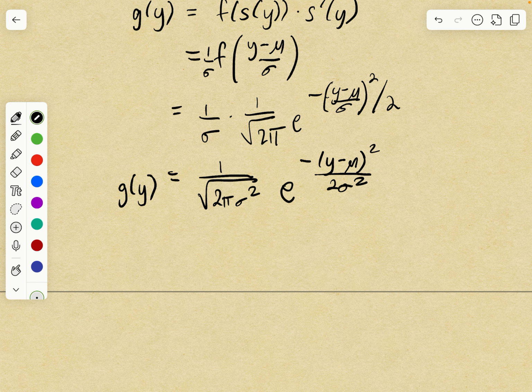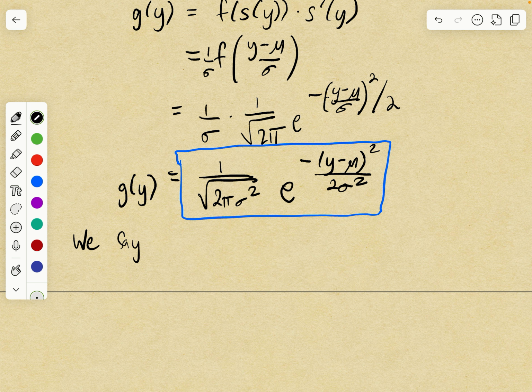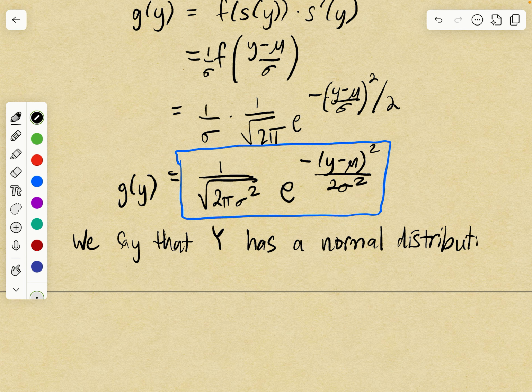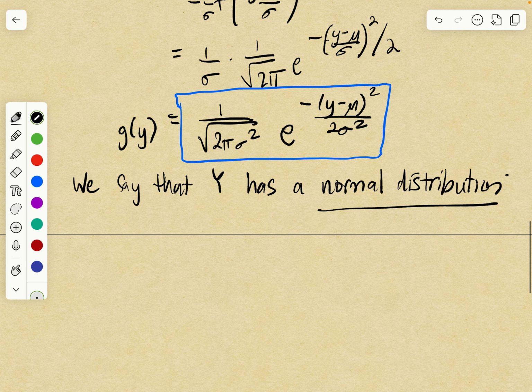And we say that capital Y has a normal distribution with parameters mu and sigma squared.